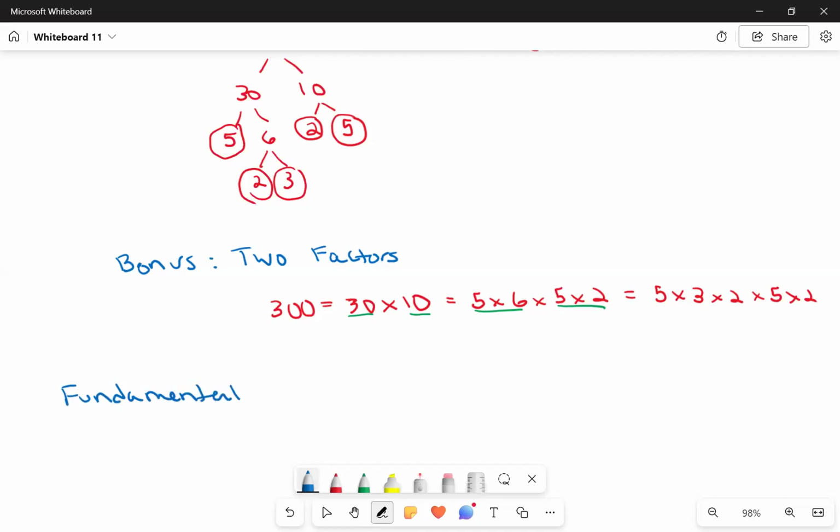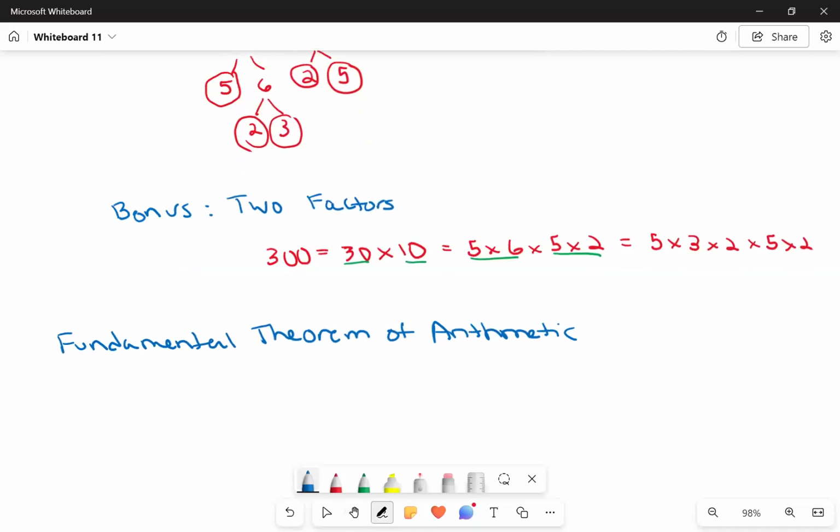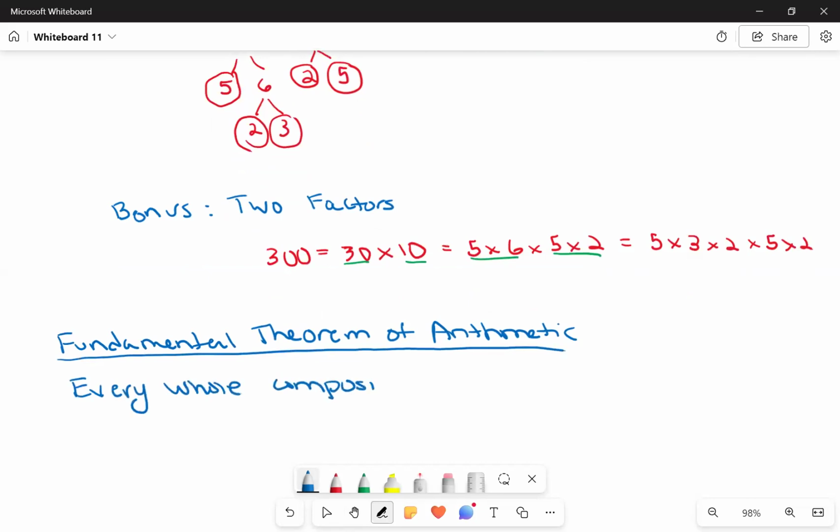And that is that every whole composite number can be expressed as a unique product of primes.